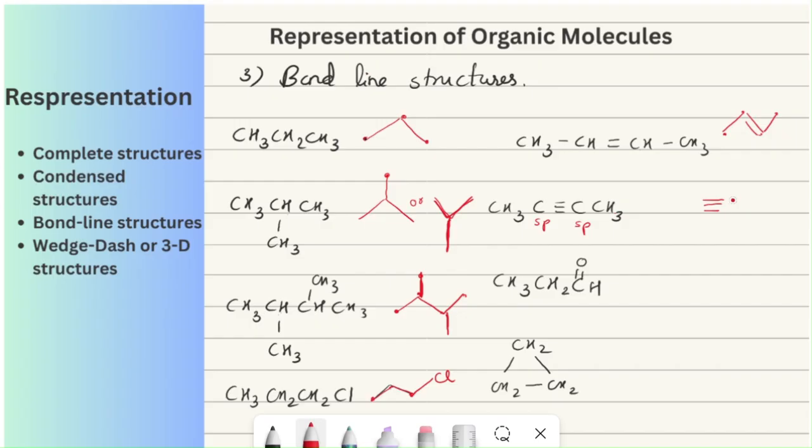The next two carbons you must not write like this. Why so? Because it's linear. So that's why you have to extend it like this. There are four carbons, 1, 2, 3, 4. So this is how we have to represent the triple bond.